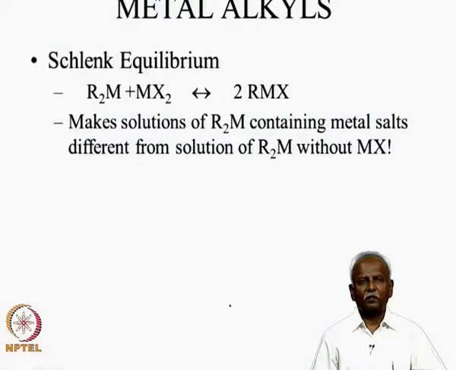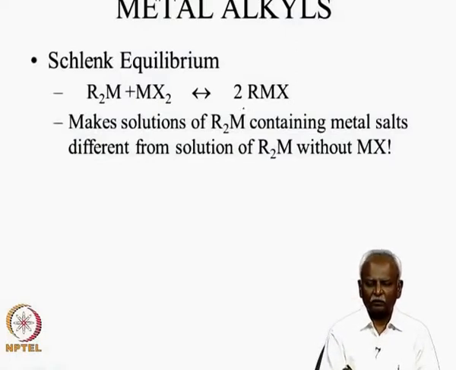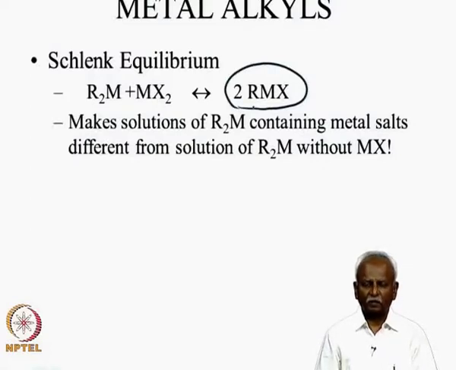I had mentioned this earlier, but although we write RMgX as the species which is there in solution, it is in equilibrium with R2Mg and MgX2, and this makes the reactivity of the species change in the presence of added MgX2.